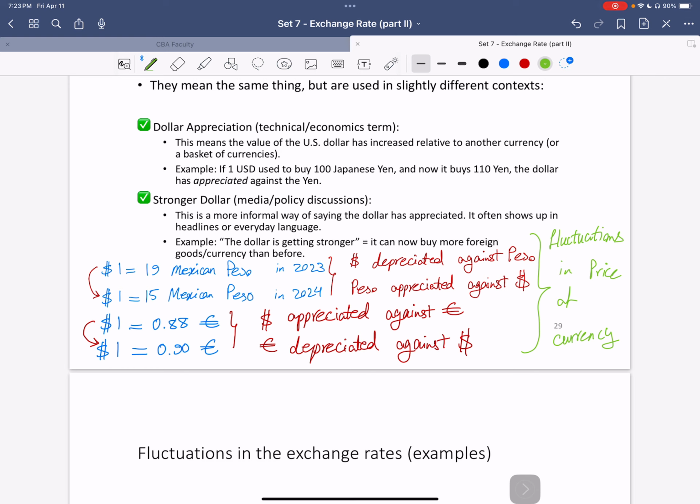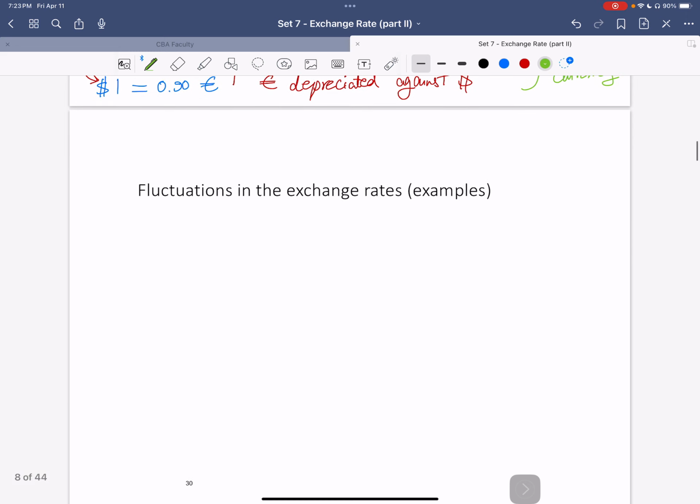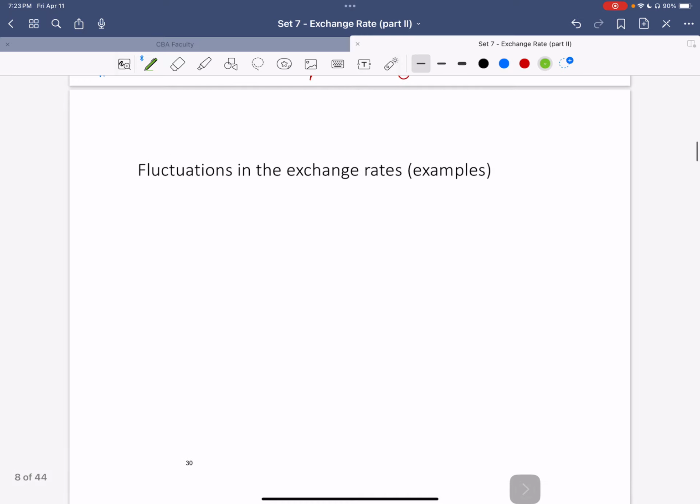It is all the time changing. So now let's see those fluctuations in the currency market in the graphical form, okay?